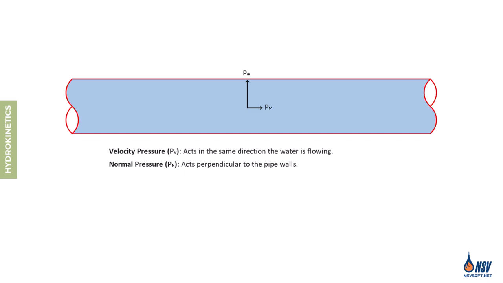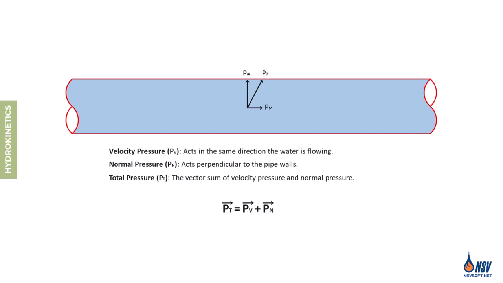This acts perpendicular to the pipe walls. It pushes outward, sideways against the pipe, not along the flow direction. And finally, we have total pressure. This is the combination of both, the vector sum of velocity pressure and normal pressure. When you add the forward push and the sideways push together, you get the total pressure carried by the water.